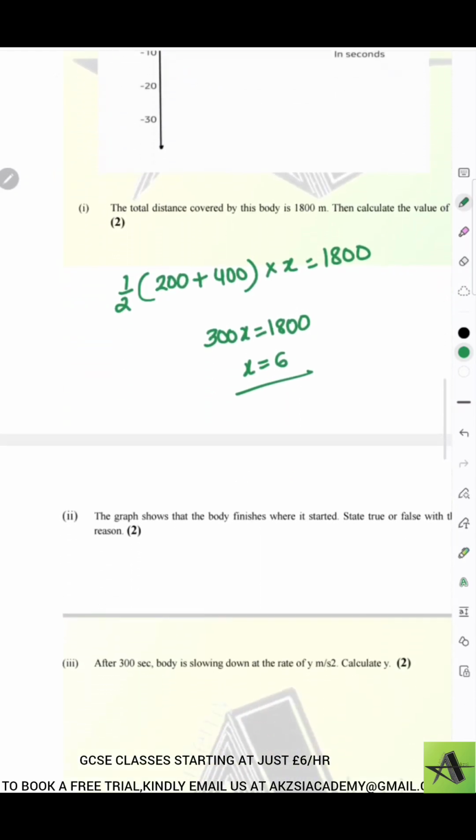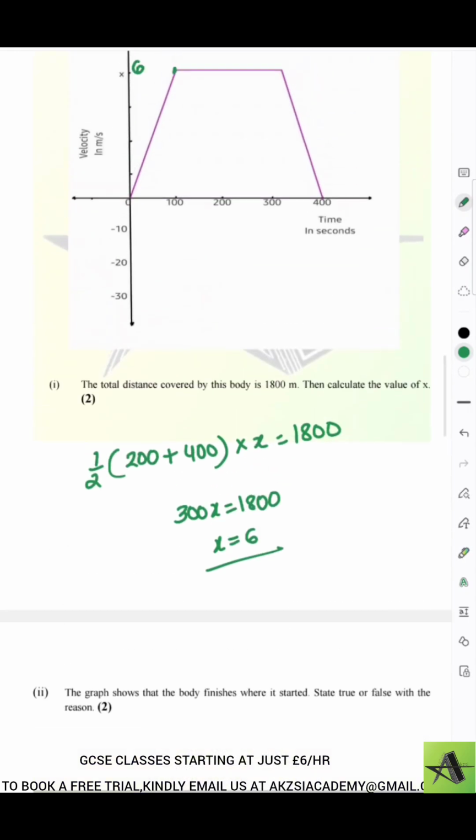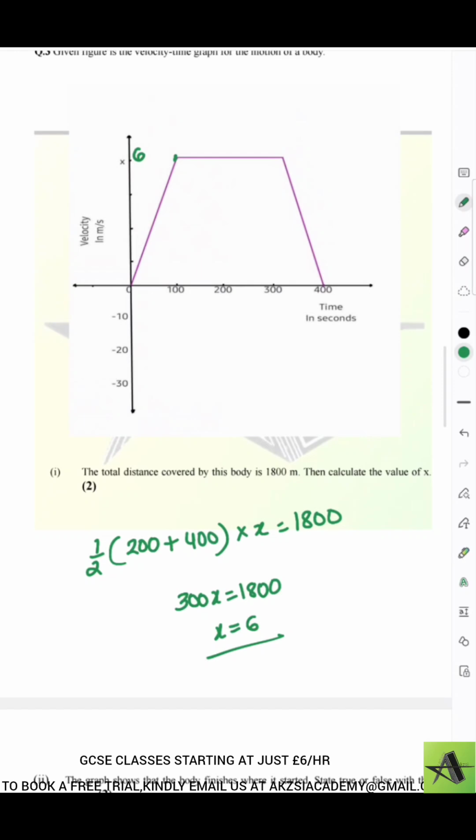Now the graph shows the body finishes where it started. State true or false with the reason. So the graph is showing that from where it started it ended. In a velocity time graph, if it ends where it started, the total displacement should be 0. The area under the graph will give you the distance and displacement.